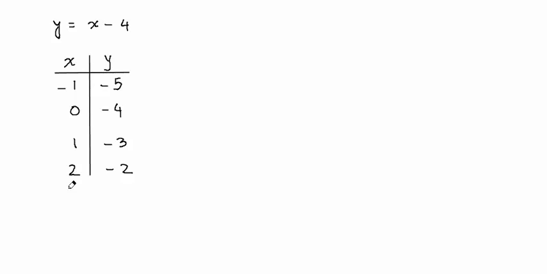Let's try another one. Let's say y is equal to 2x plus 6. So we have a table, x on the left, x is called the input, and y on the right, y is called the output. So you feed in the input, the equation or the rule gives you the output.